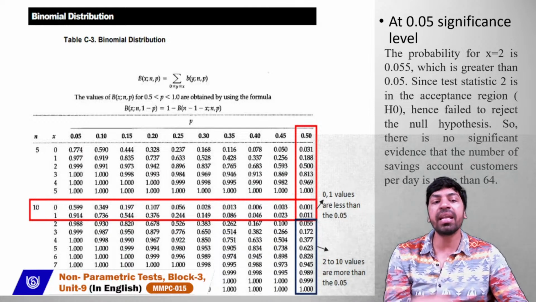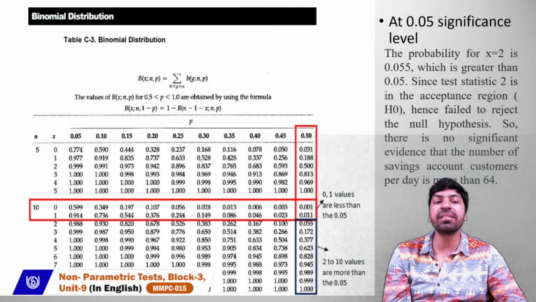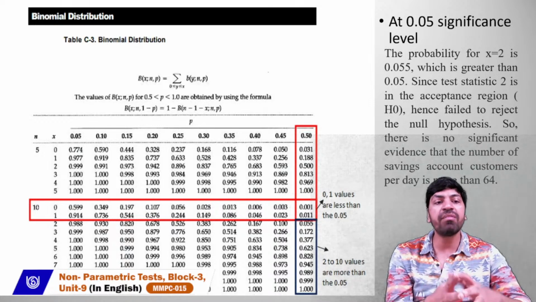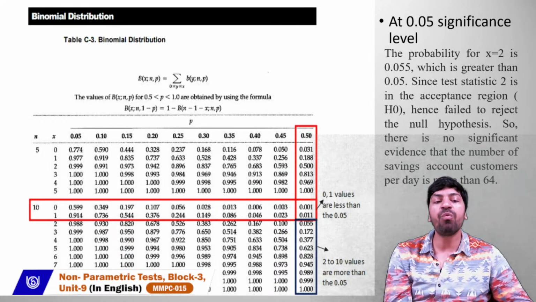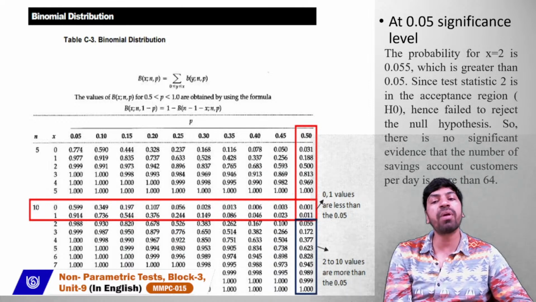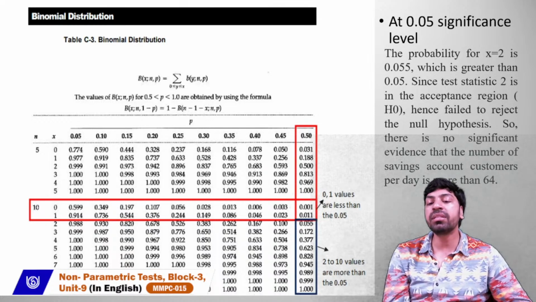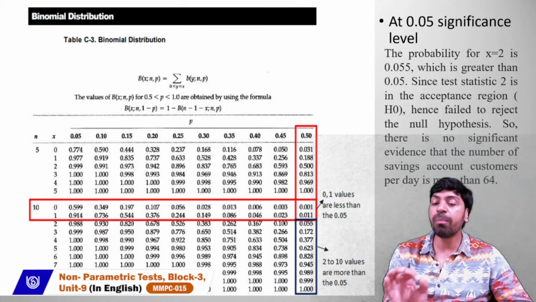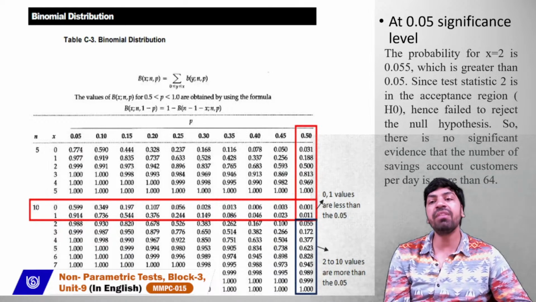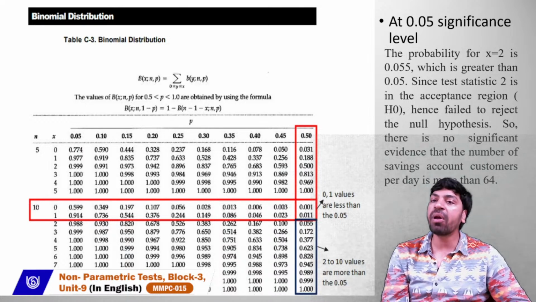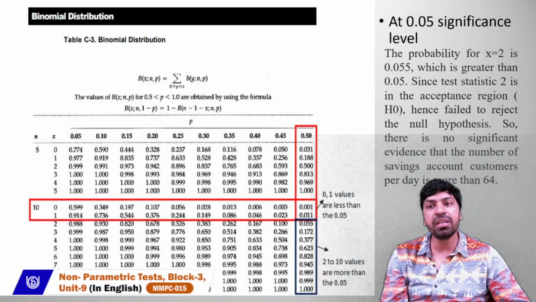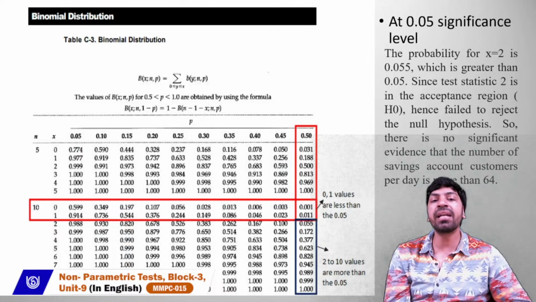With 10 trials, x ranges from 0 to 10. The values for x of 0 and 1 are less than the 0.05 significance level, and the rest of the x values, 2 to 10, are more than 0.05.